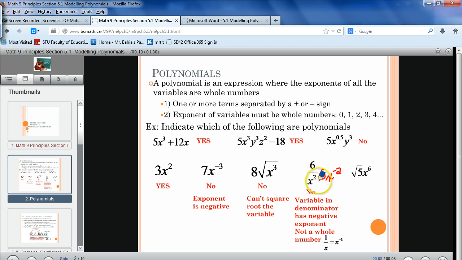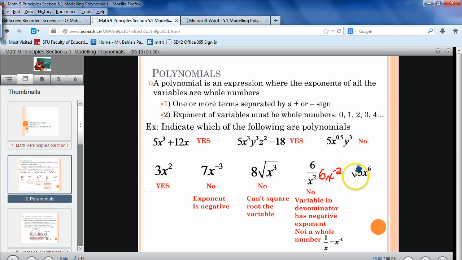In a previous lesson I showed you that negative exponents, if you want to make them positive, you bury underneath in the denominator, but in reality it is a negative exponent. Just like here they showed you 1 over x is the same thing as x to the negative 1 exponent. That's why it's not a polynomial.